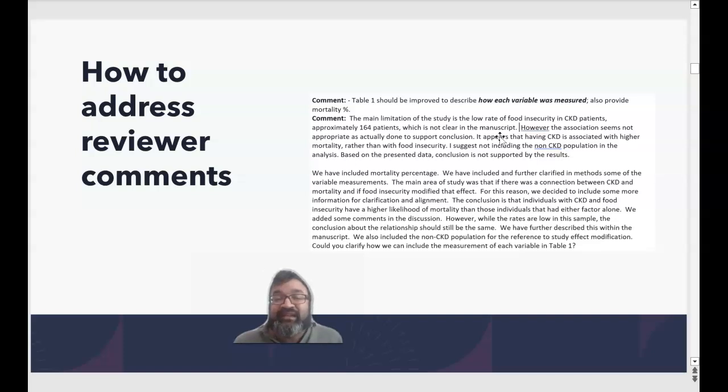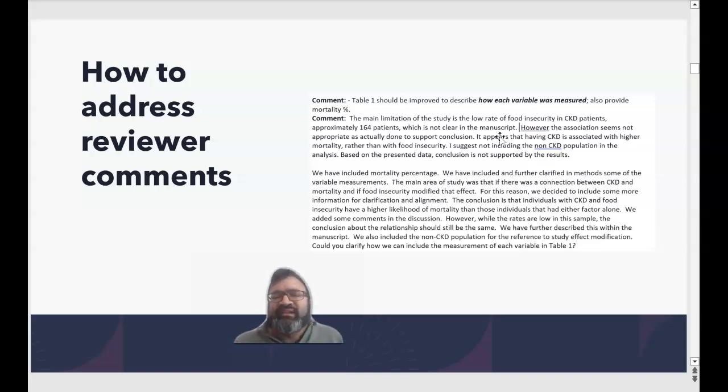Instead of saying a longitudinal study, which has a long-term follow-up going on, we wrote cross-sectional. Well, it didn't change the conclusions. However, it changed some of the ways that some of the reviewers were looking at this.